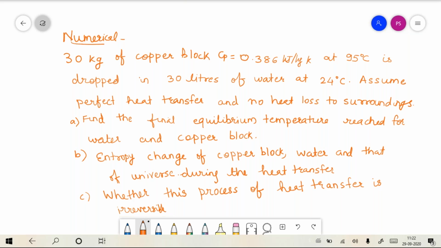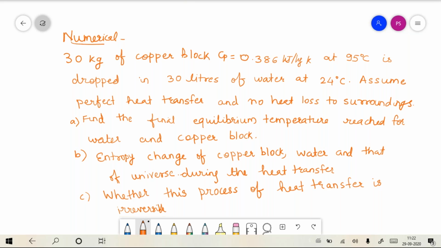And the third part of the question is you need to comment on whether this process is irreversible or not, and you need to justify your answer. So these are the three things you are required to determine for this numerical.